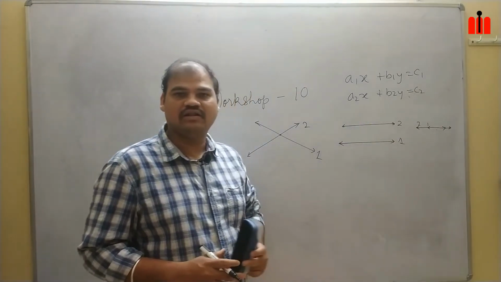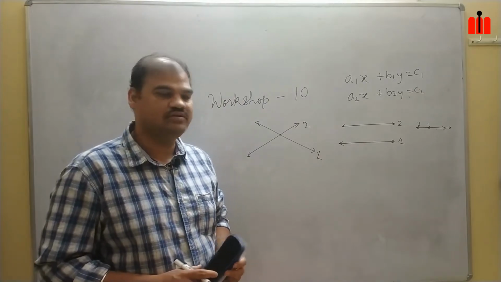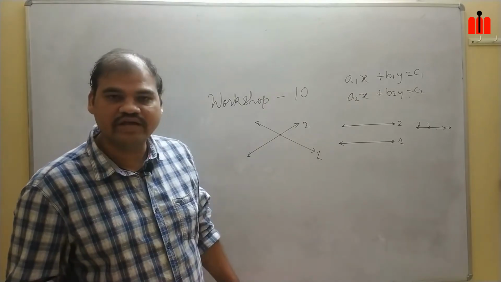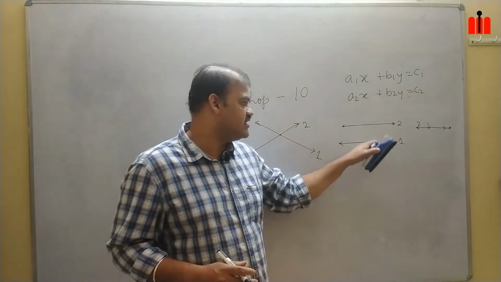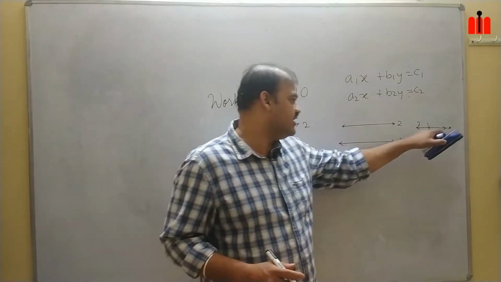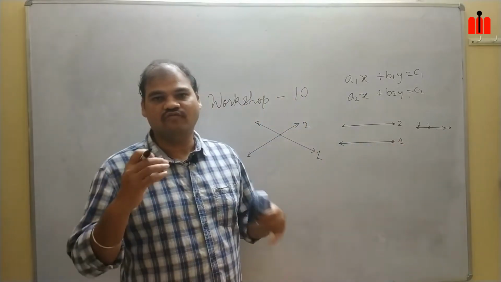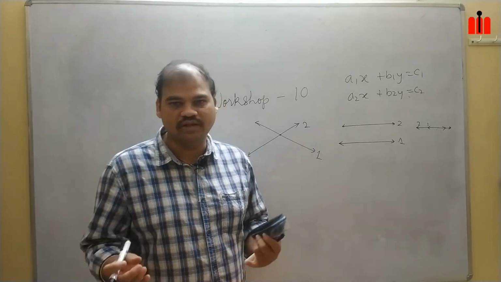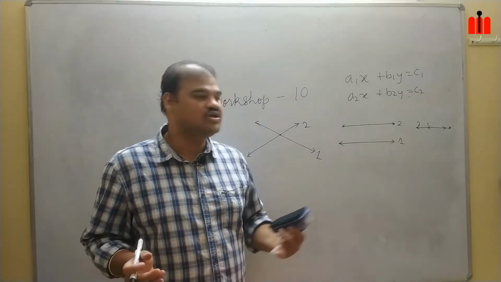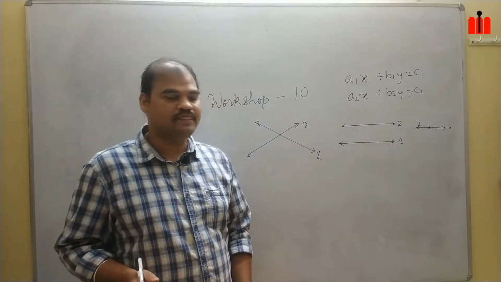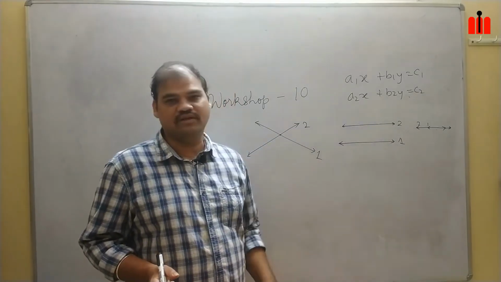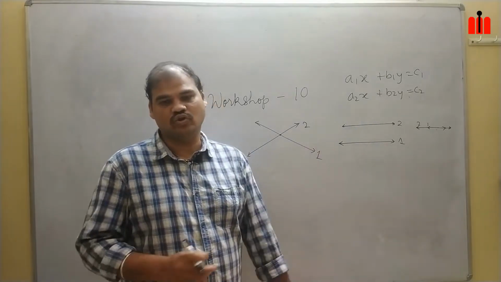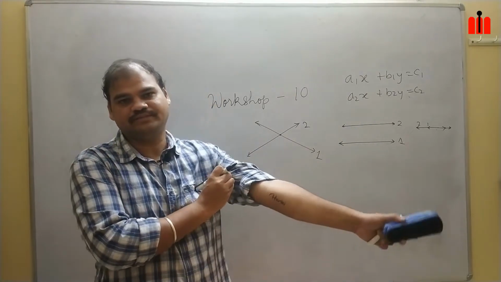This is known as a unique solution. If the two are parallel, there are no points, so it is a no solution. If one line is over the other, there are infinitely many points possible, so it is infinitely many solutions. Are you getting it?